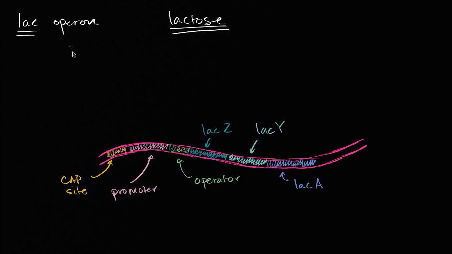And it is an operon, so we have our promoter here where our RNA polymerase would attach. And I've also drawn some other sites. I've drawn the operator right over here where you can imagine a repressor, and it is indeed the LAC repressor, could bind. And over here, this CAP site, CAP stands for catabolite activator protein.